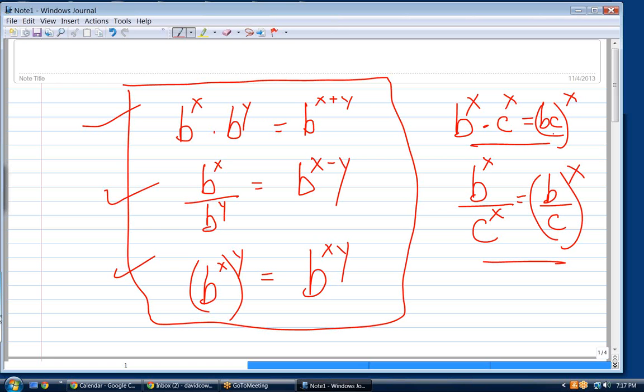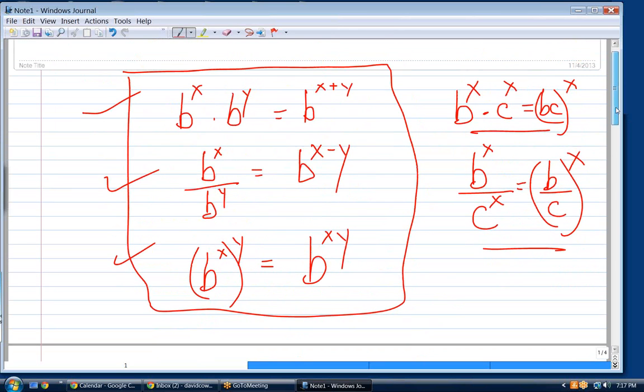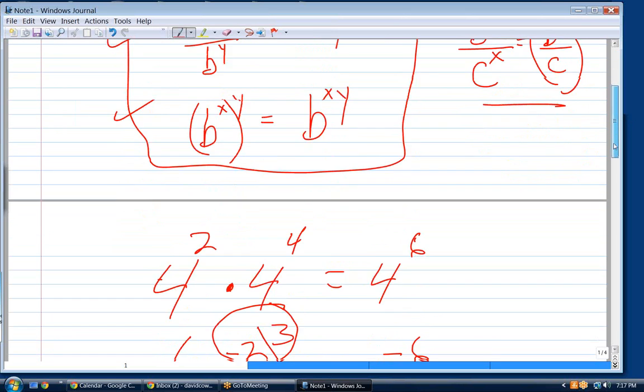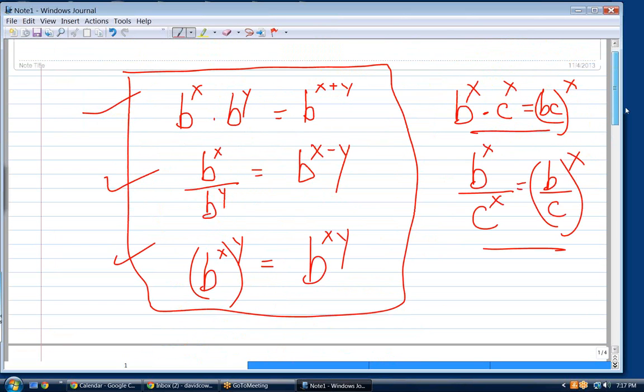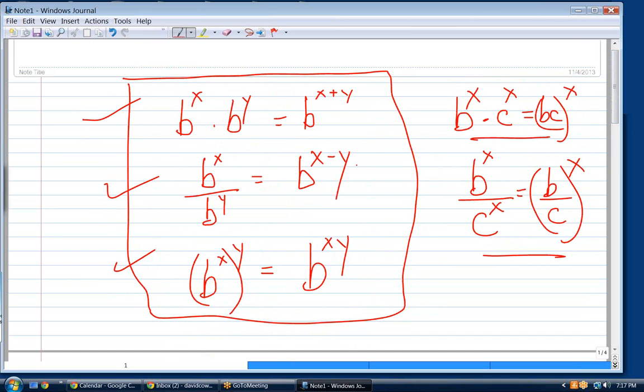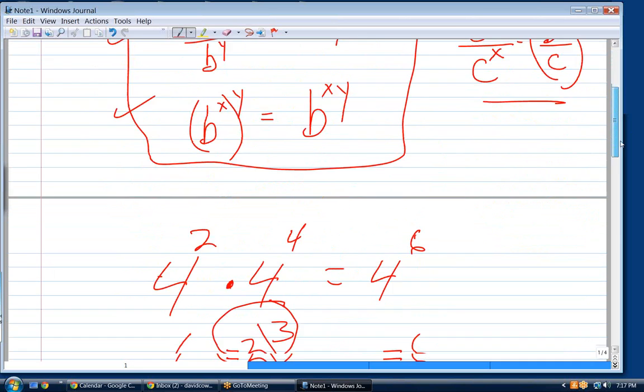If you remember, you haven't had logs this year, but you probably had them last year, didn't you? No, probably not. Have you had logs yet? I don't think so. Same thing applies with logs. The log of x times y is equal to the log of x plus the log of y. So that's because logarithms are exponents. That's what they are, is exponents.